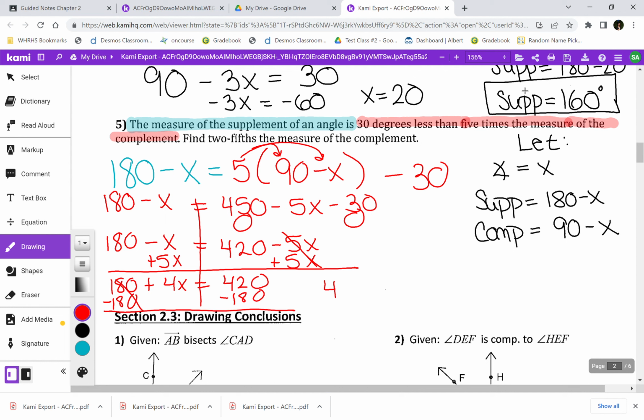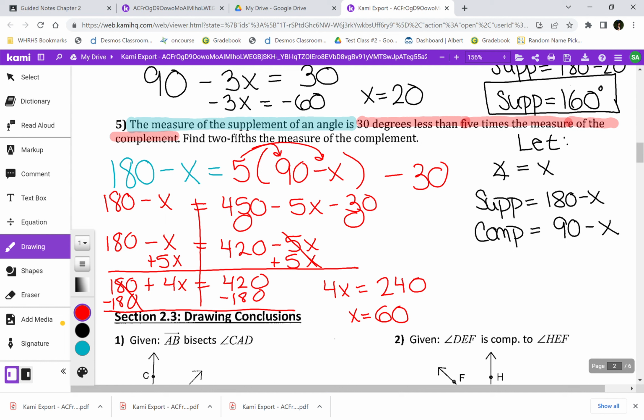And we're going to have 4x is equal to 240. x will equal 60. Annalena, what does the 60 represent? The angle. Excellent. 60 represents the angle.